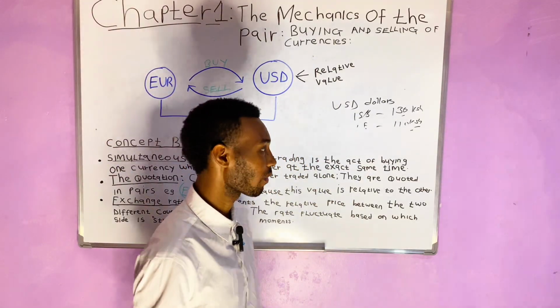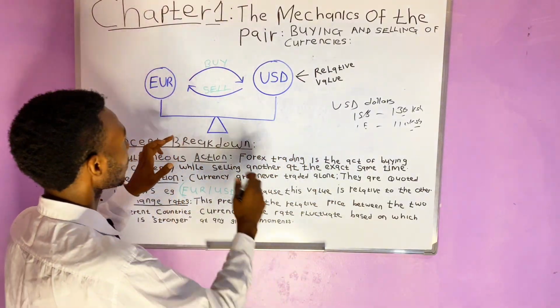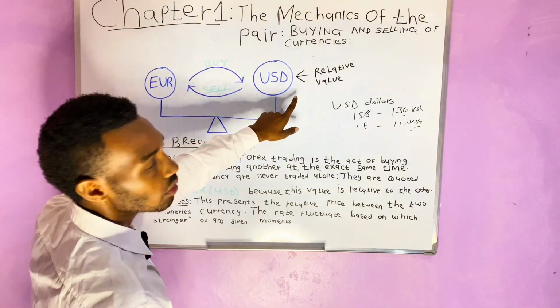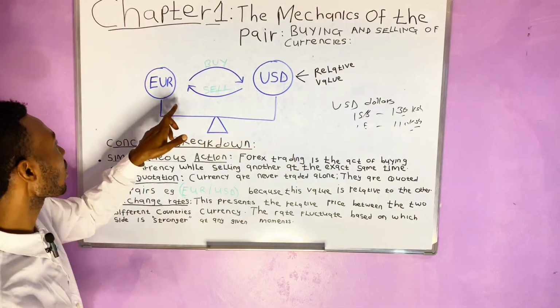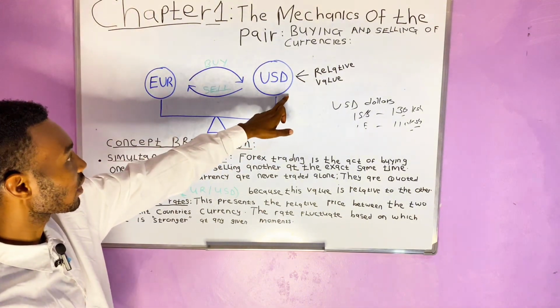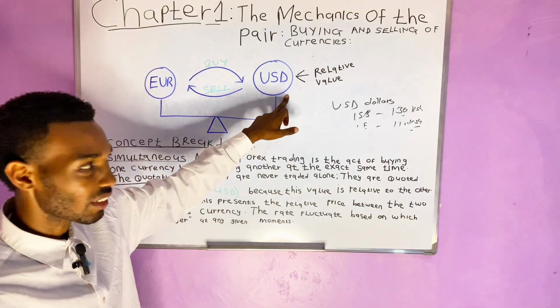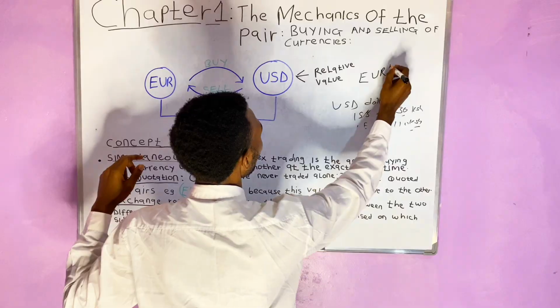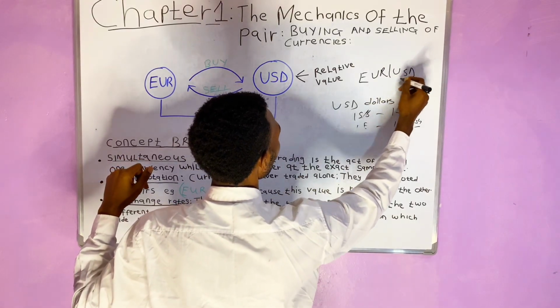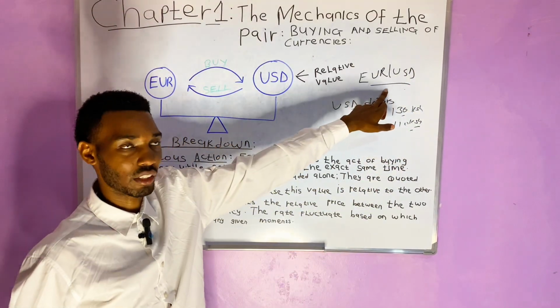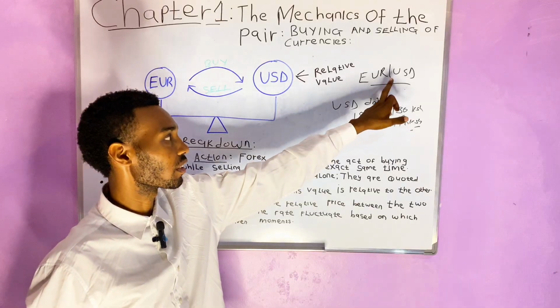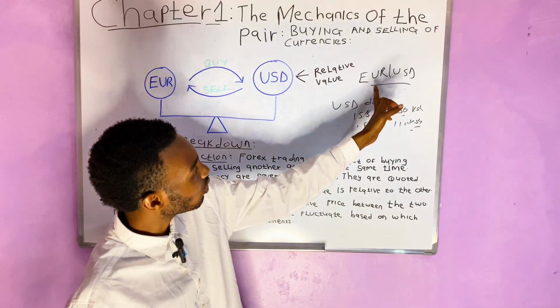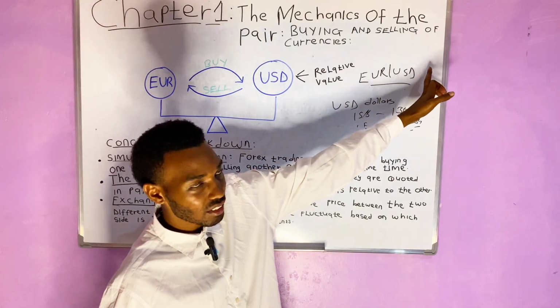Now, Euro USD, this is where you buy USD. When you have euros, you buy the USD. It works like this. The euro USD, this is how Forex works. Because you exchange euros, pound and USD.